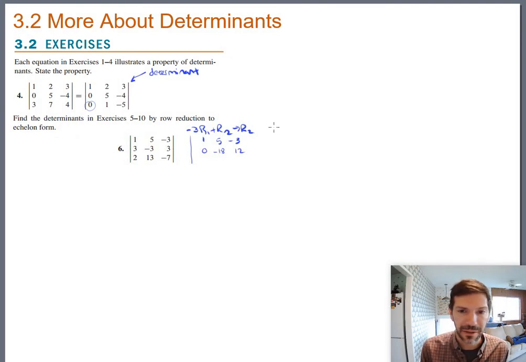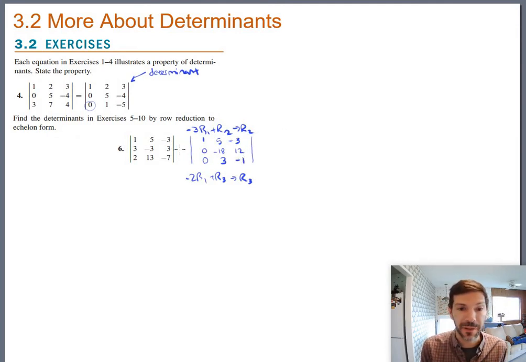I'm also doing -2 of row 1 added to row 3 becomes the new row 3. So also that'd be 0. -10 plus 13 is 3. -2, so 6. -1.